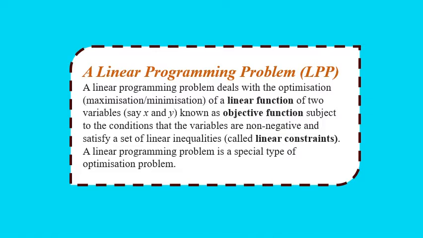So a linear programming problem is a special type of optimization problem. We have a function which we need to maximize or minimize. That function contains two non-negative variables x and y, and the function is put under some conditions which it has to satisfy, called linear constraints. Clear?